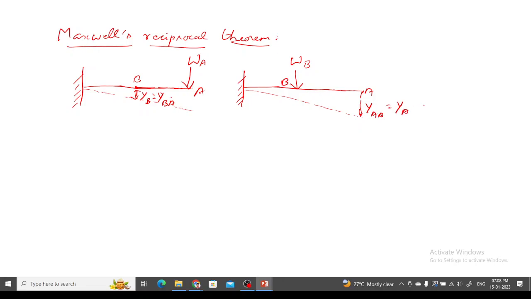For the same beam, WA into YAB equals WB into YBA, and this is called Maxwell's reciprocal theorem.